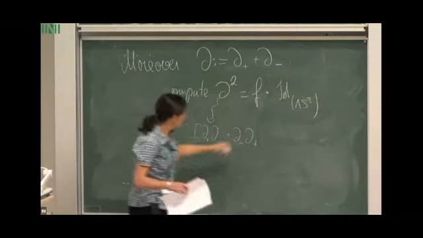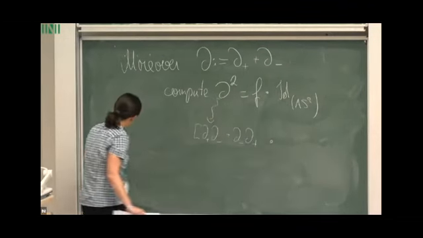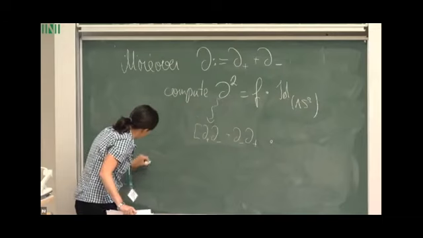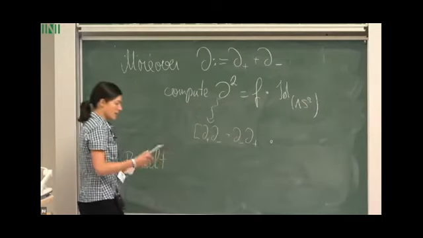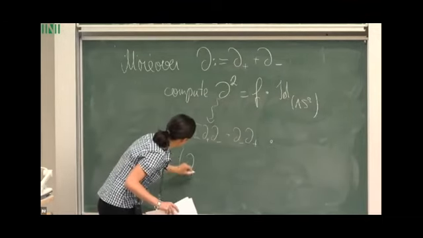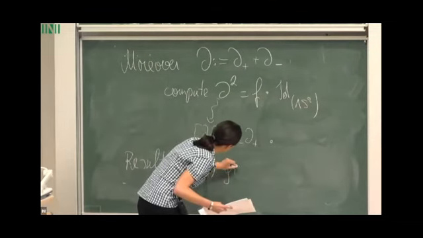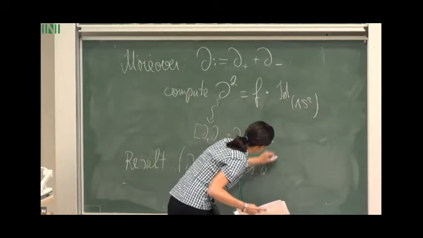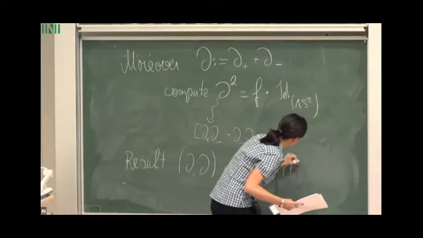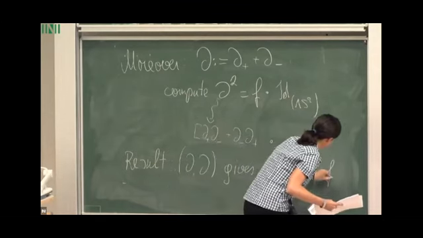So the result is that delta gives us a matrix factorization of f.